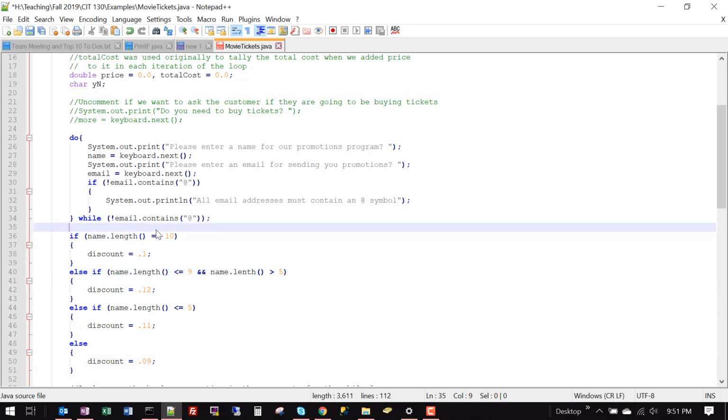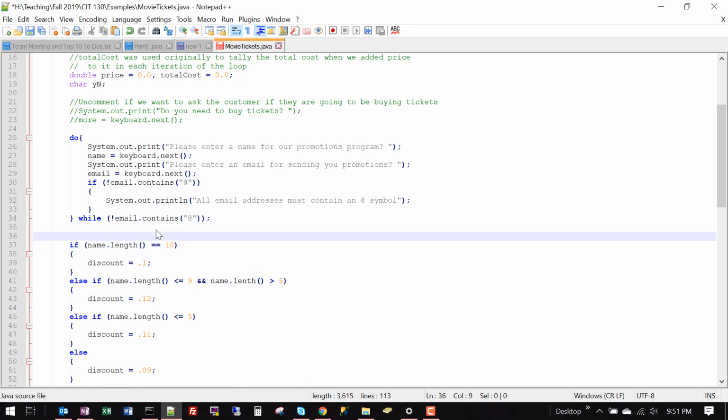We can write this idea in a different format. There's a syntax where we can say switch name.length. Now, switch statements only work with character, string, byte, short, and int.